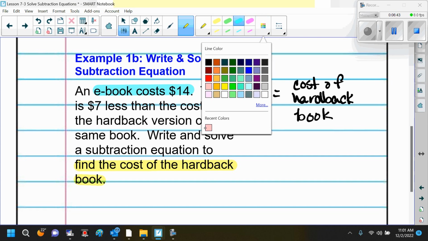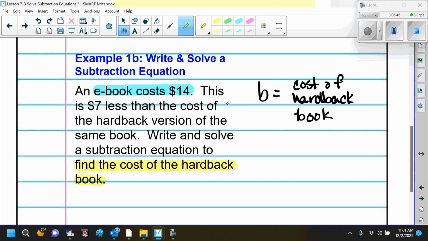All right. And then it says that cost, that $14, is $7 less than the cost of the hardback version. Okay? So, again, $7 less means we're going to do what? Subtract. Very good. So this means subtract.